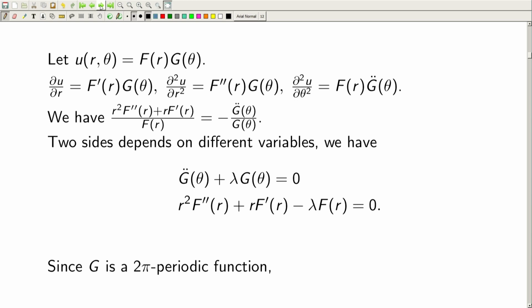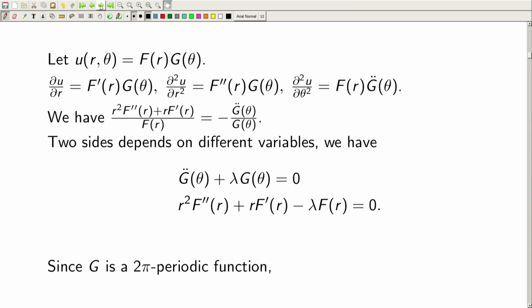Since we are in the disk and this theta variable is 0 to 2 pi, g as a function of theta is going to repeat after each 2 pi interval. So, we call that a 2 pi periodic function.